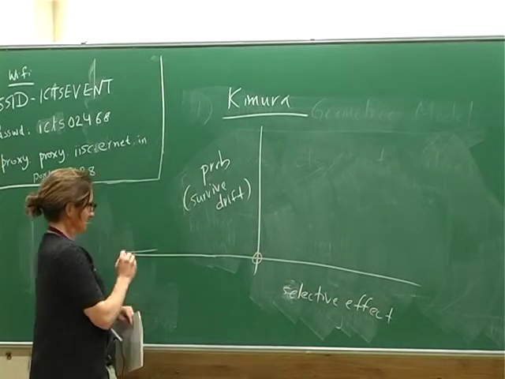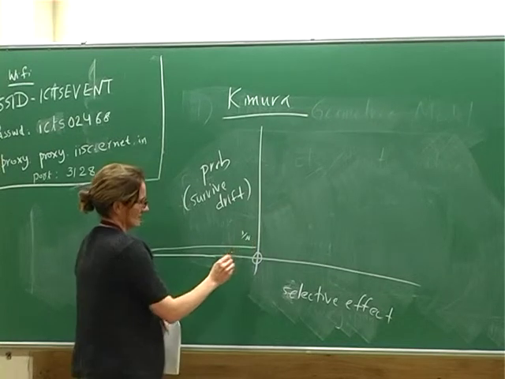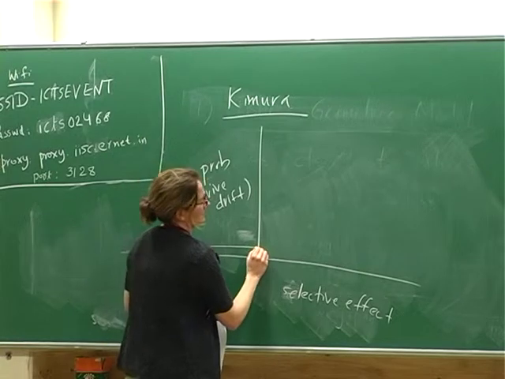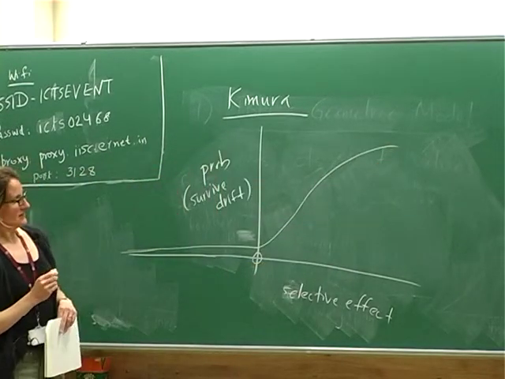So there's 0. We should cross 1 on n here, 1 on 2n, and then go up like this.